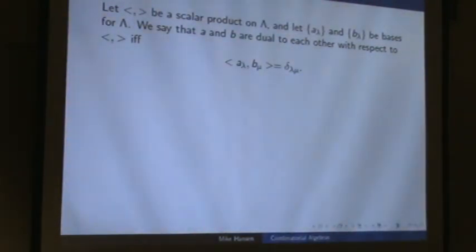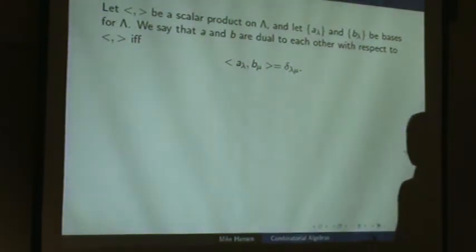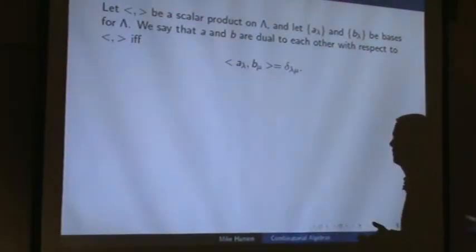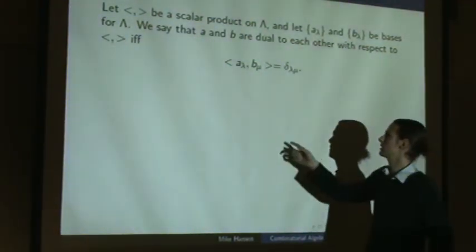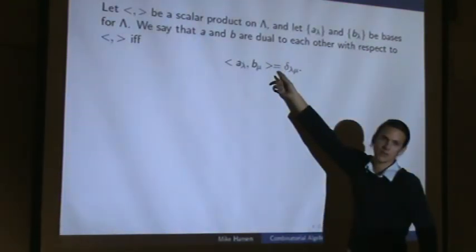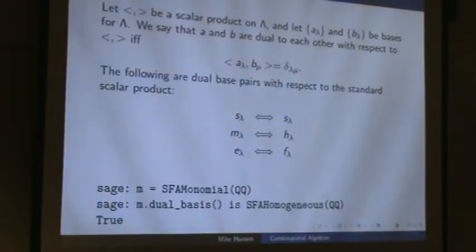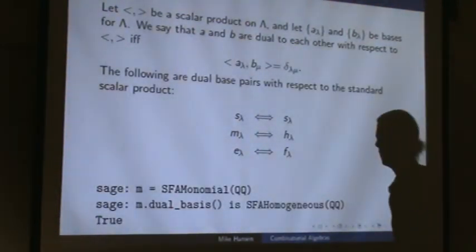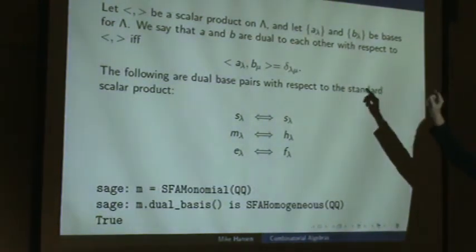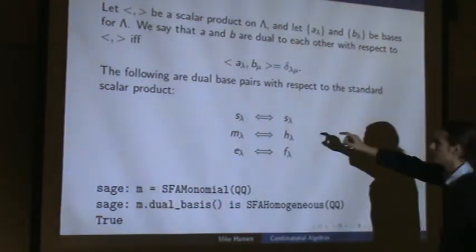So the power sum symmetric functions are not quite self-dual because they have that factor of z there. But it turns out that we have the following dual basis pairs with respect to the scalar product I talked about earlier.